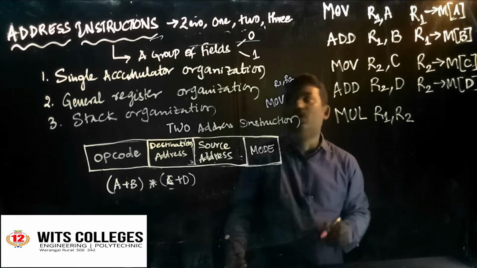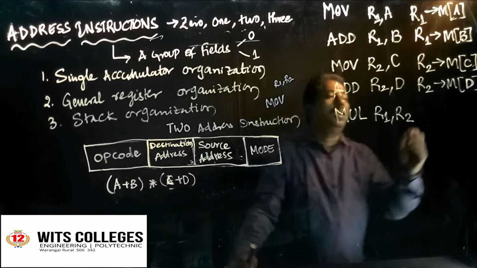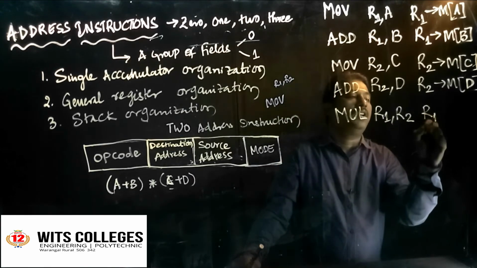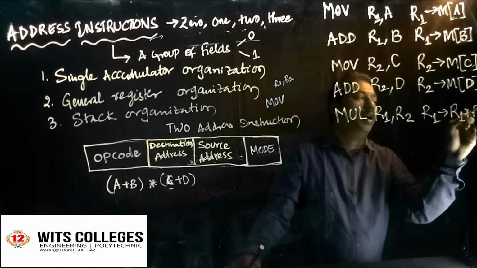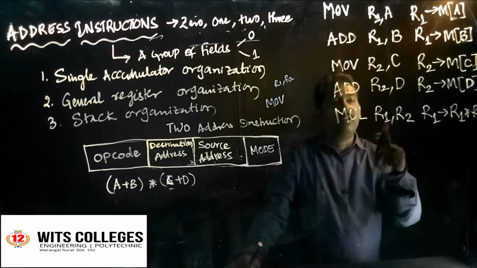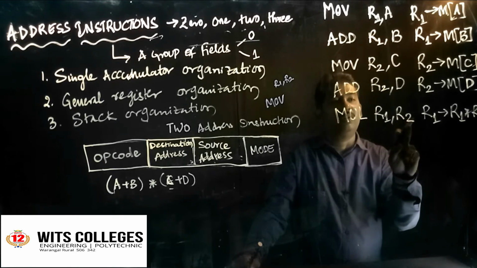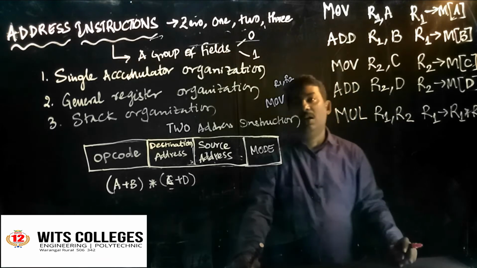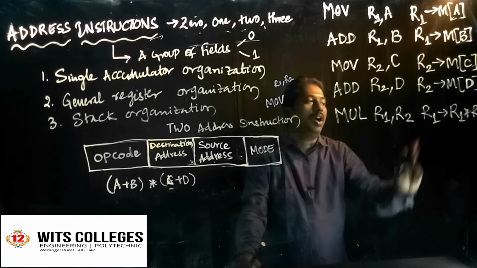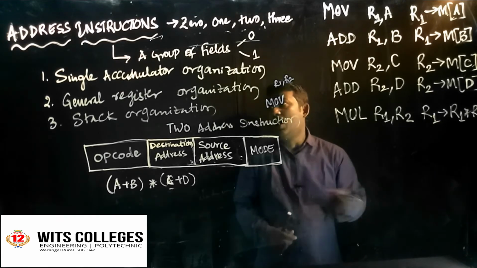The data stored in these two registers we are going to multiply using MUL, and R1 stands to R1 into R2.